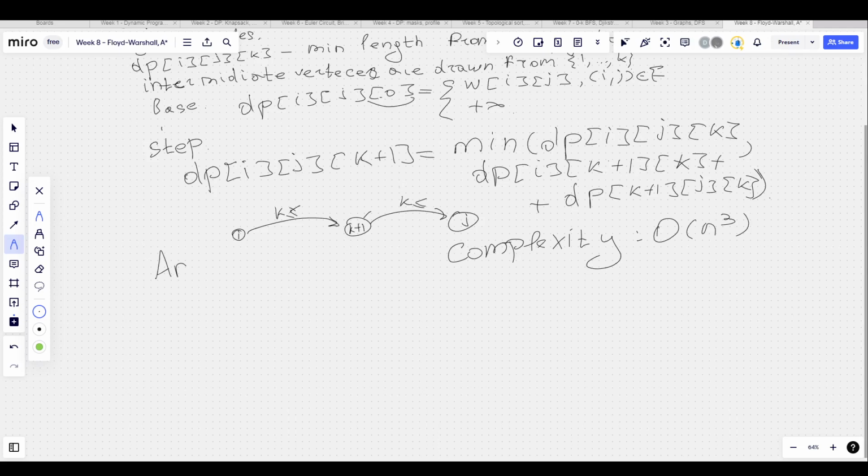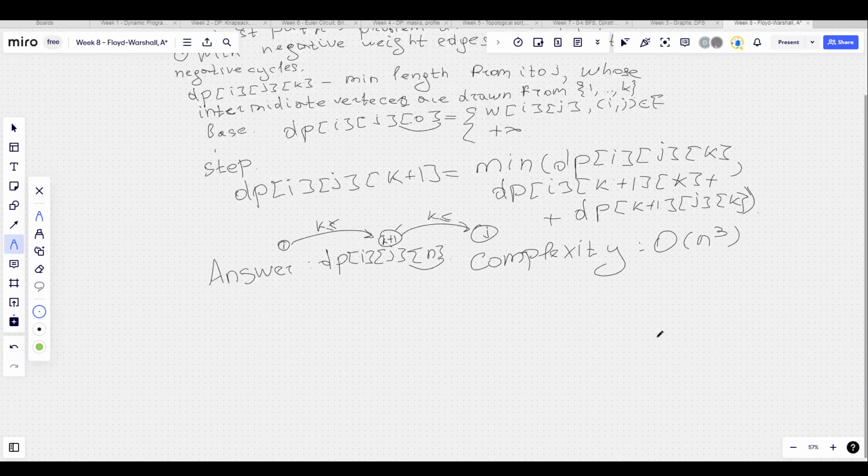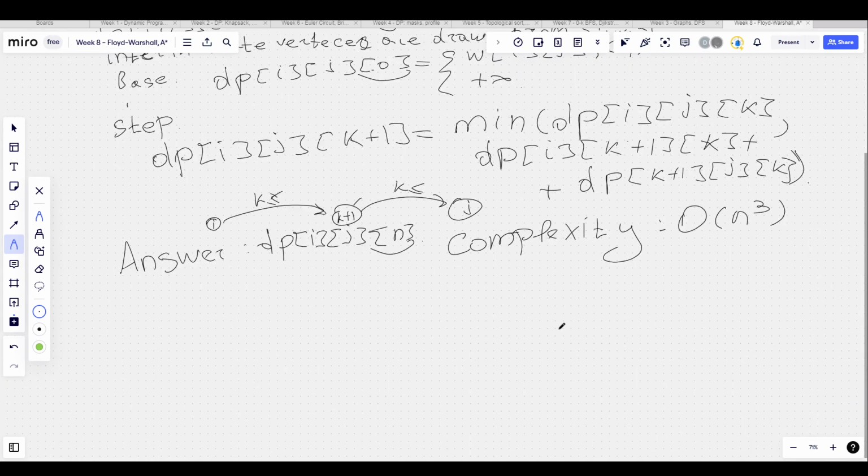What will be the answer? The answer will be in dp i j n, where we include all the vertices in this path and calculate our shortest path. So we need to improve memory. The memory will be O(n) cubed.